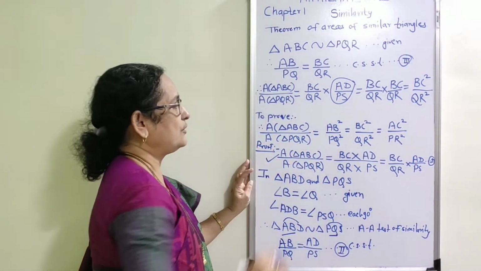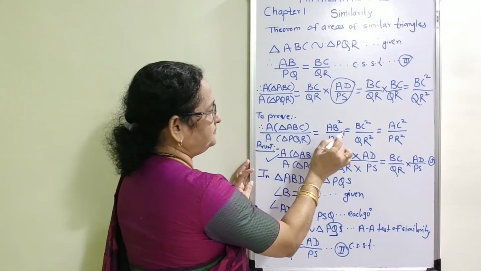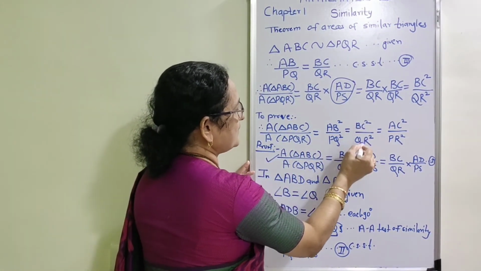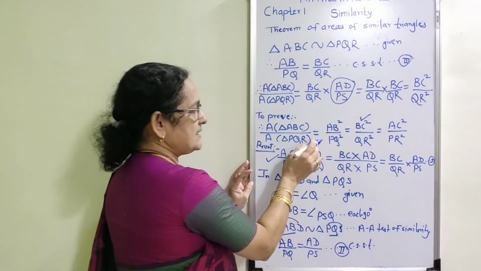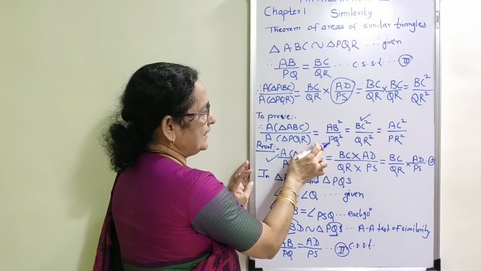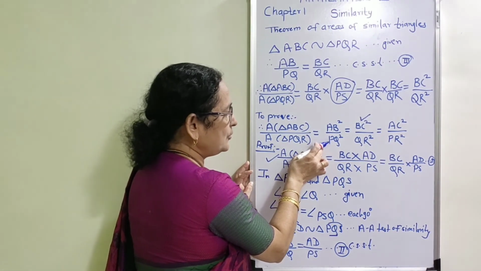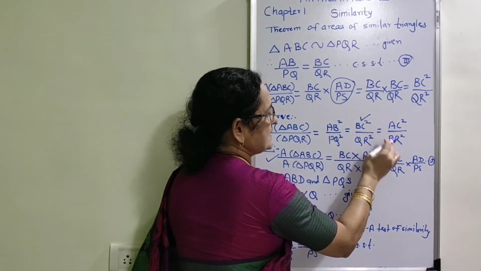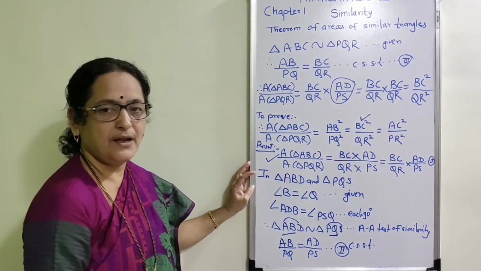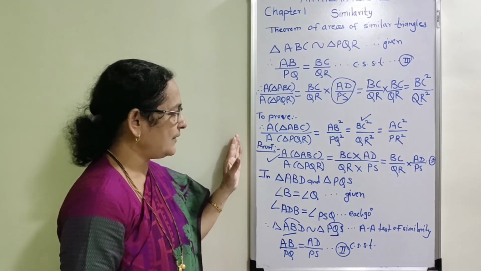That is what you had to prove. Similarly, you can also prove that it is equal to AB square upon PQ square, and also AC square upon PR square. I am going to repeat the entire proof again.